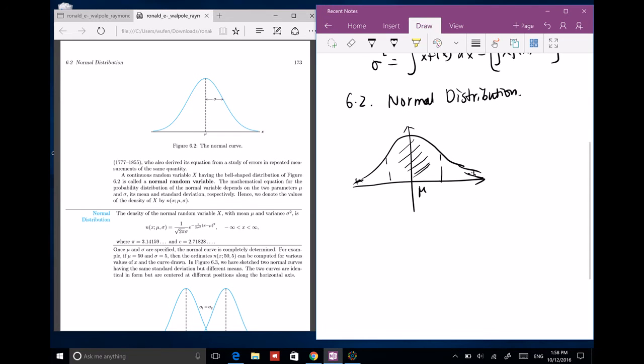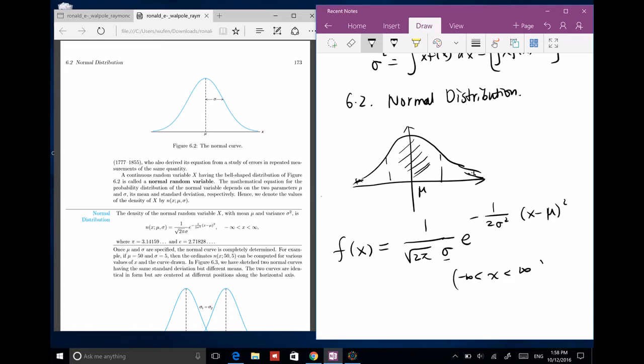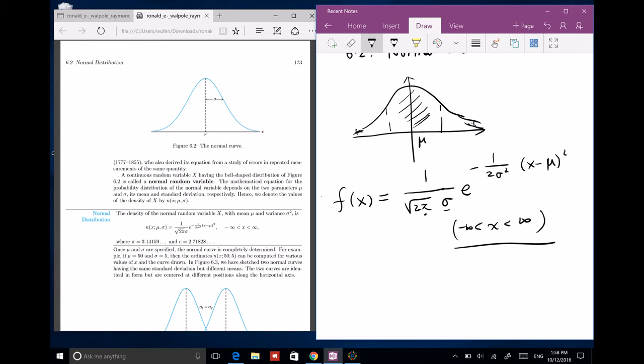First, we introduce the normal probability density function: 1 over sigma times the square root of 2 pi, times e to the negative 1 over 2 sigma squared times (x minus mu) squared. Here x can be any number between negative infinity and positive infinity, pi is the constant 3.1415, and e is the constant 2.71828.